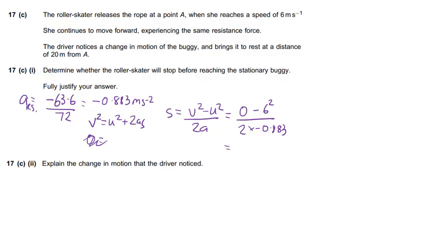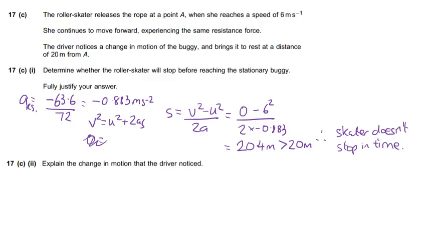Okay, work that out. You get 20.4 meters, which is greater than 20 meters. So therefore, the skater doesn't stop in time. So they smash into the back of the buggy, comically, like something off Jackass.